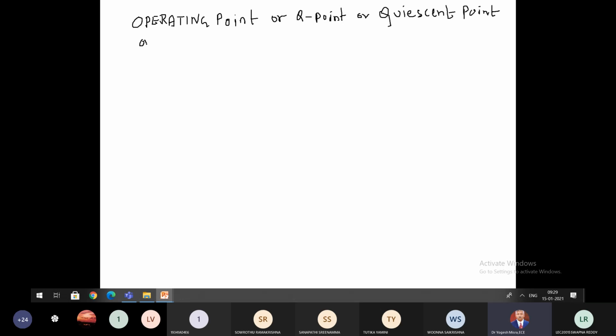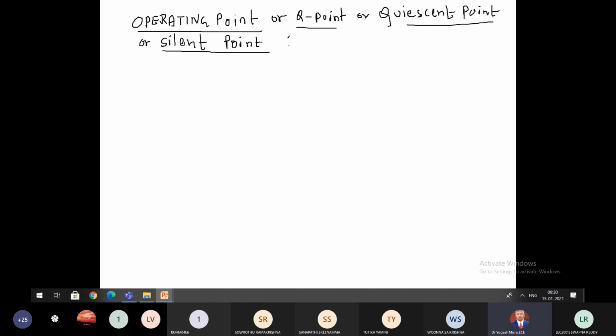Or another name is silent point. So these are the various names of operating point or Q point or quiescent point or silent point. Right? So what is this?